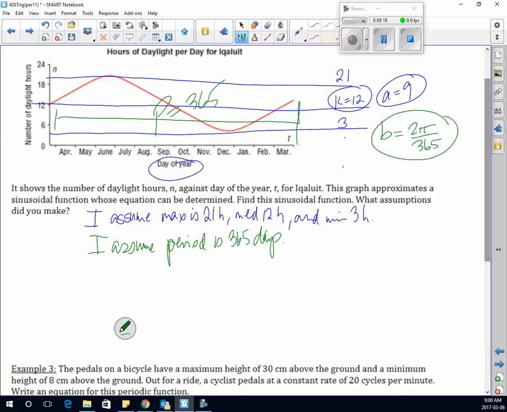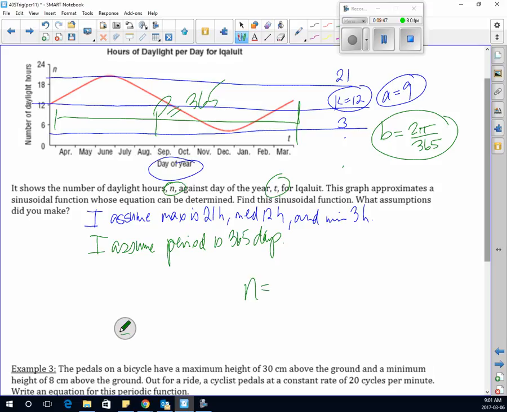Okay, so what kind of graph do you want to do? What do you think it's set up to look like? A sine graph, yeah. So let's just do sine. There's no shift then, right? Okay, so it does say we have to use n and t. Does everybody see that? N is the number of hours, and t is the day of the year. So is it going to be n equals or t equals? Yes, n.